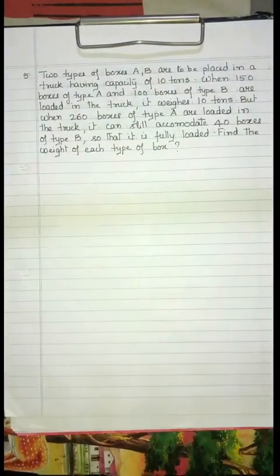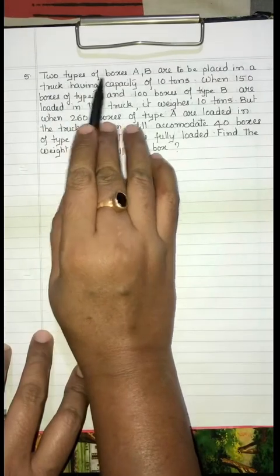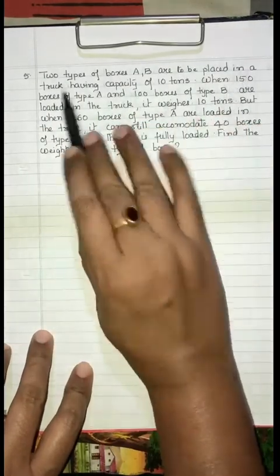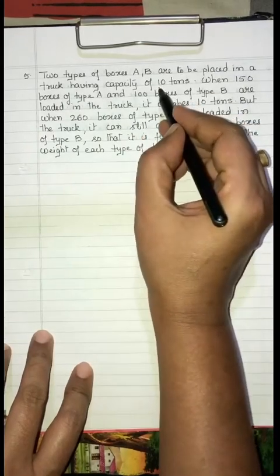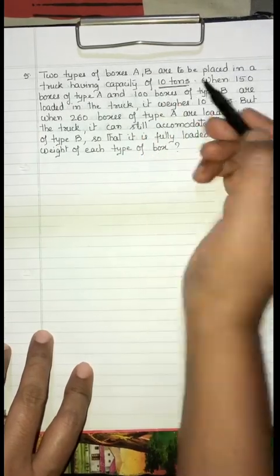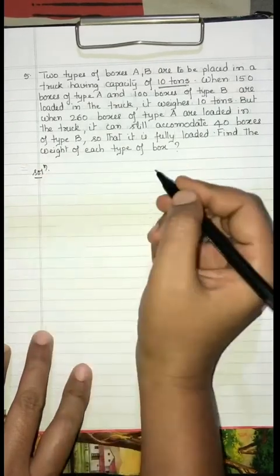What is given in question number 5? First we have to understand that, children. For this, let us see the question. 2 types of boxes A and B are to be placed in a truck having capacity of 10 tons. First of all, let us see this. So what is a ton?